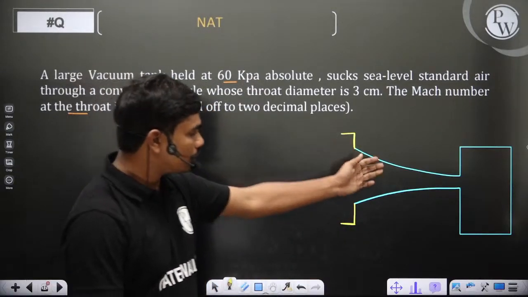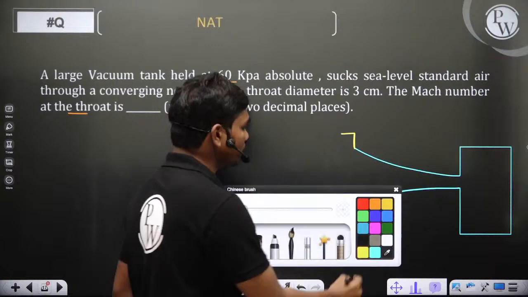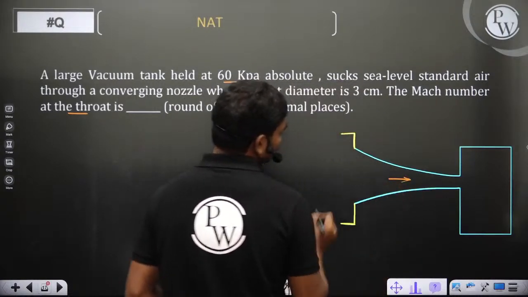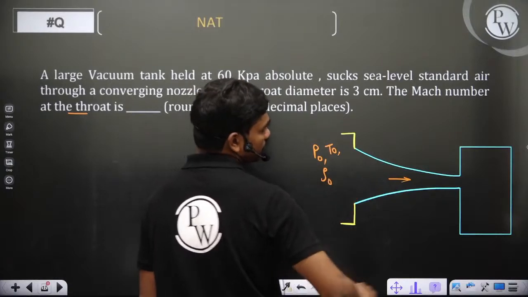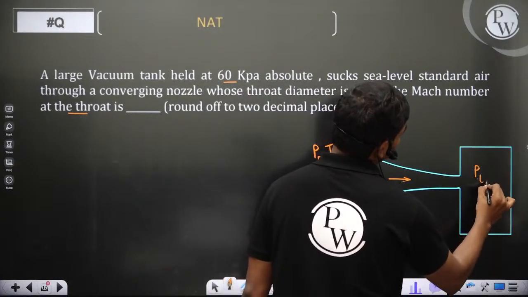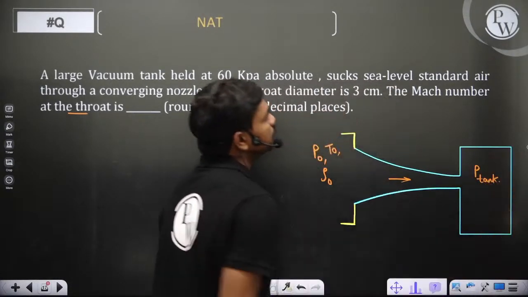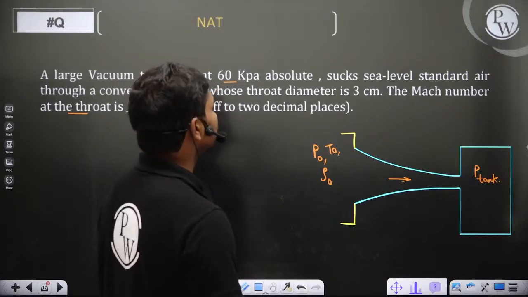So there is a tank to which this nozzle is discharging. Here the conditions are P0, T0, rho0, and here it is P of the tank. So what is P of the tank here? P absolute, which is 60 kilopascals, of course.